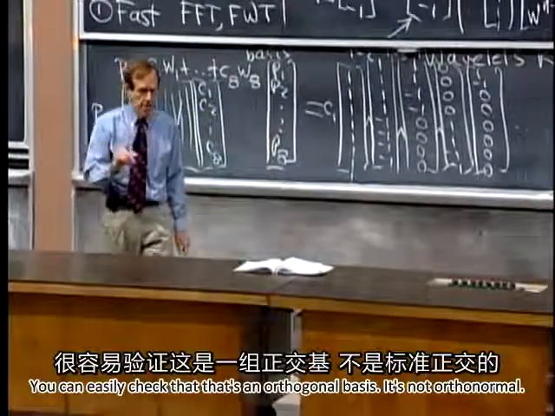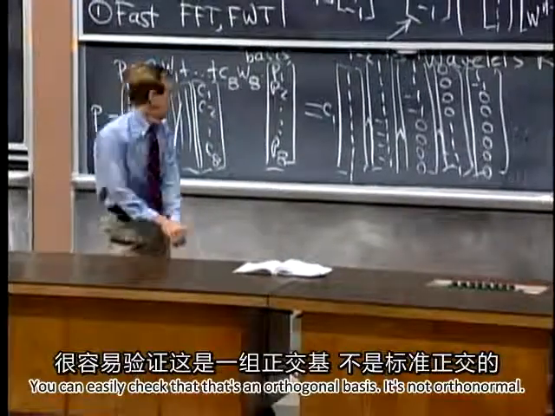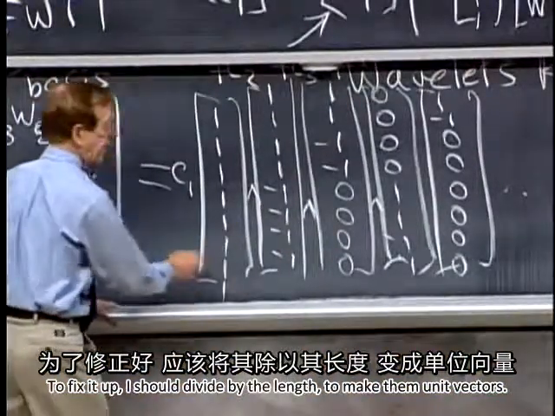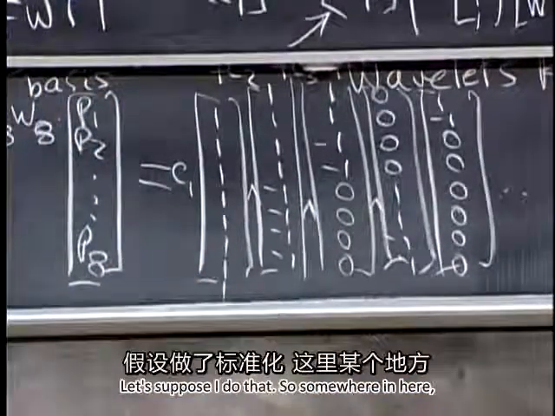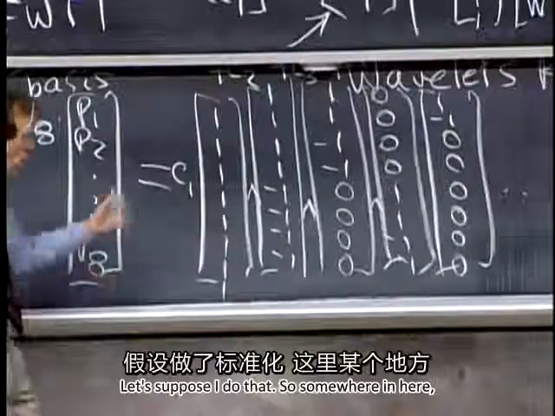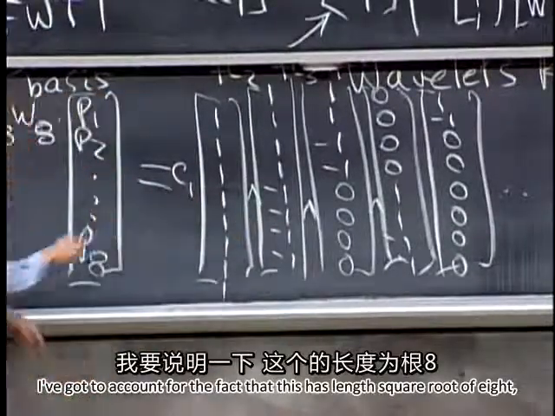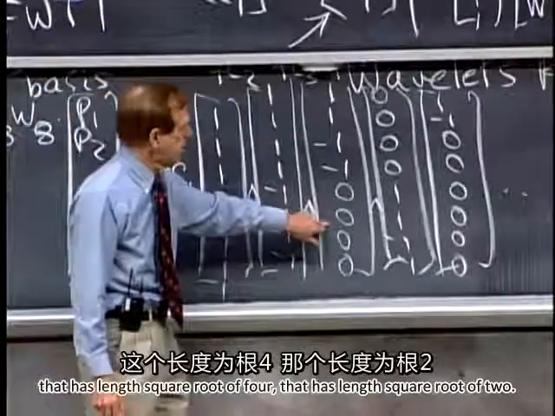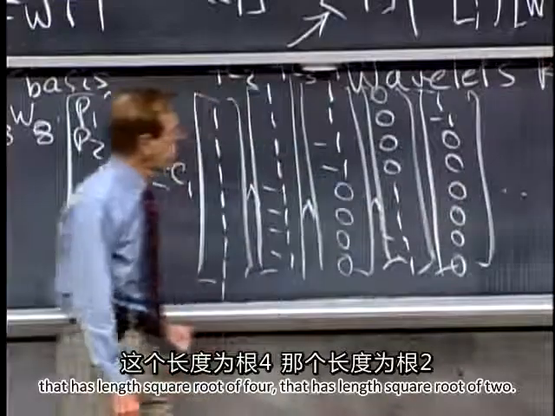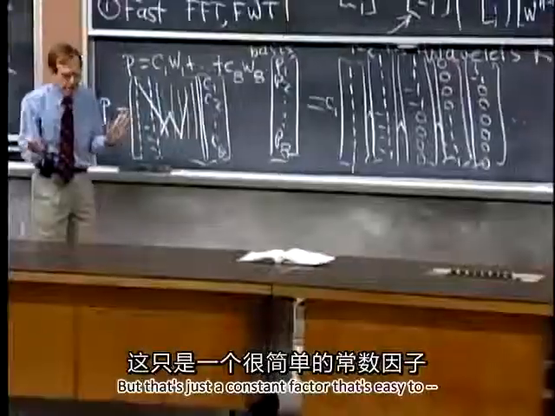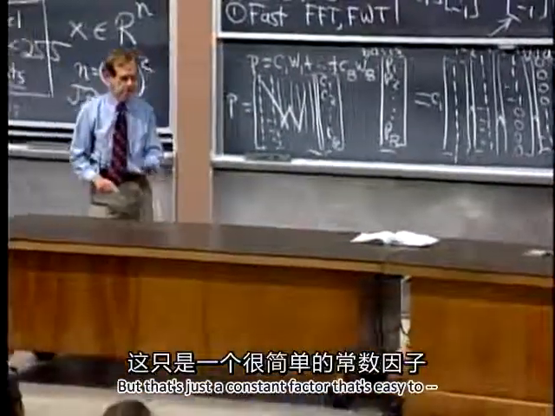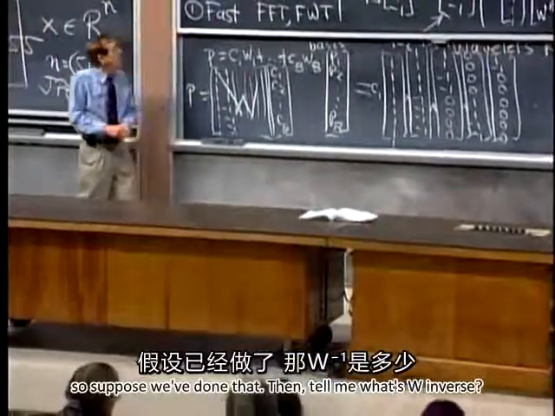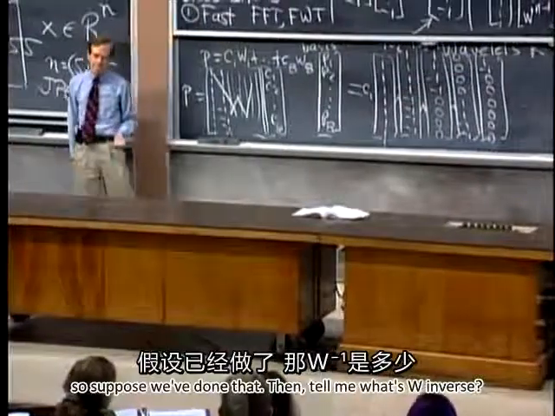It's not orthonormal. To fix it up, I should divide by the length to make them unit vectors. Let's suppose I do that. So somewhere in here I've got to account for the fact that this has length square root of 8, that has length square root of 4, that has length square root of 2. But that's just a constant factor. So suppose we've done that. Then tell me what's W inverse.